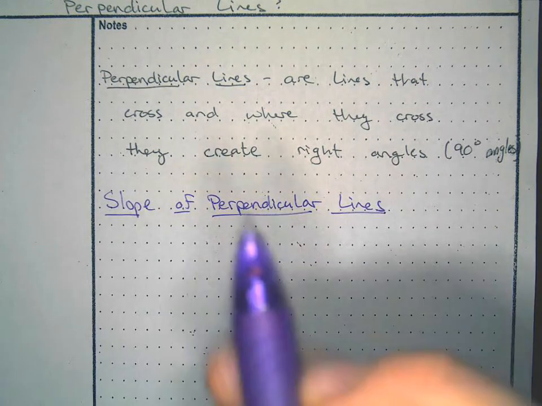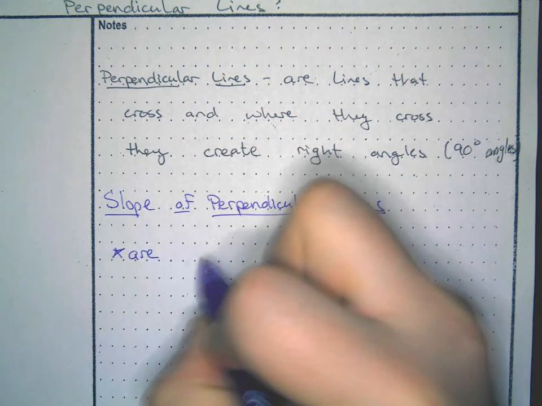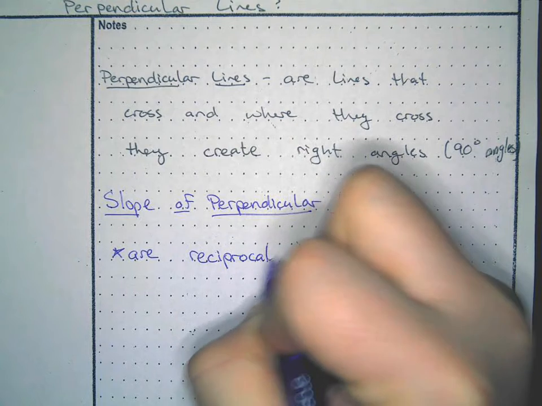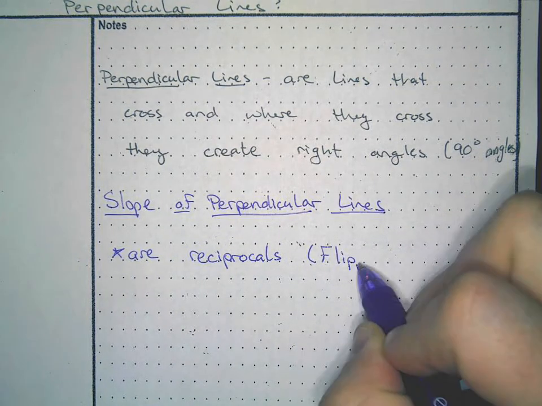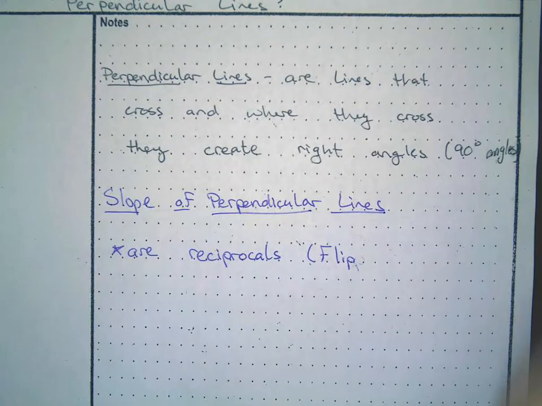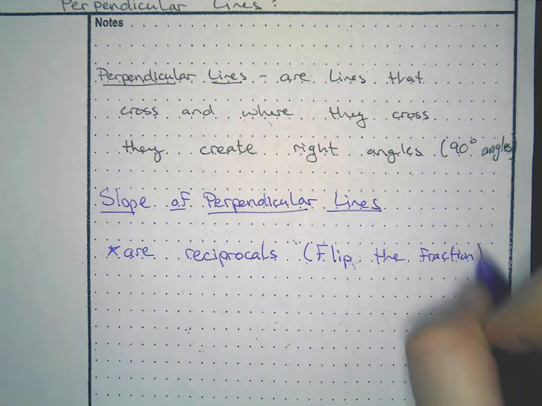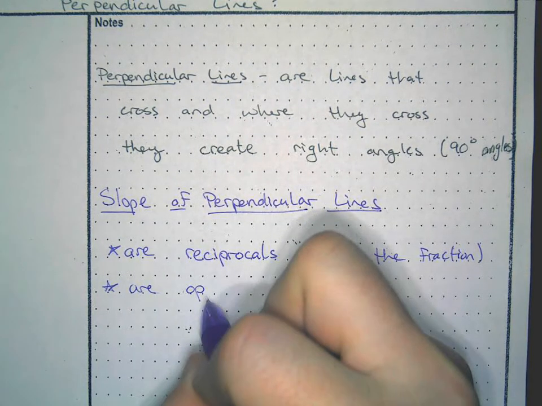So slope of perpendicular lines are reciprocals, flip the fraction, and they are opposite.